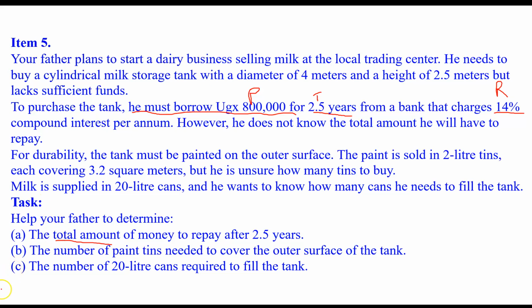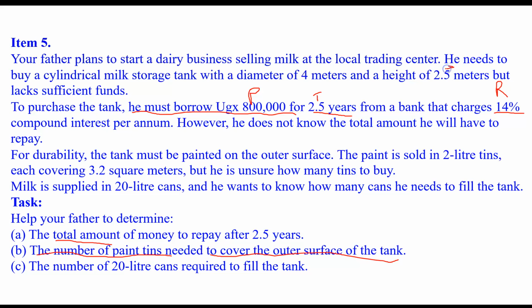In part B, they are asking us to determine the number of paint tins needed to cover the outer surface of the tank. So when you come back here, the outer surface of the tank is the surface area.